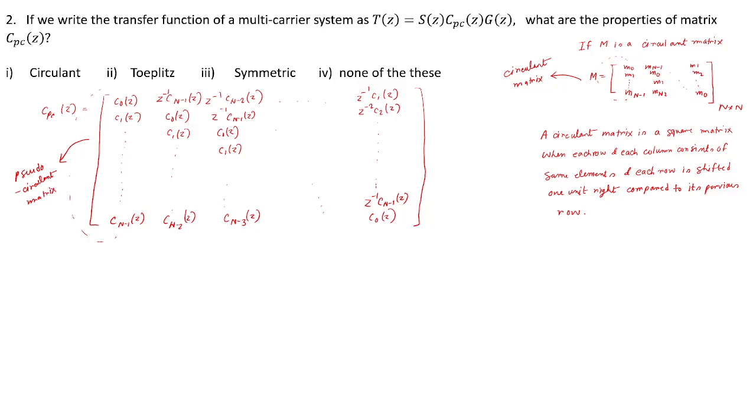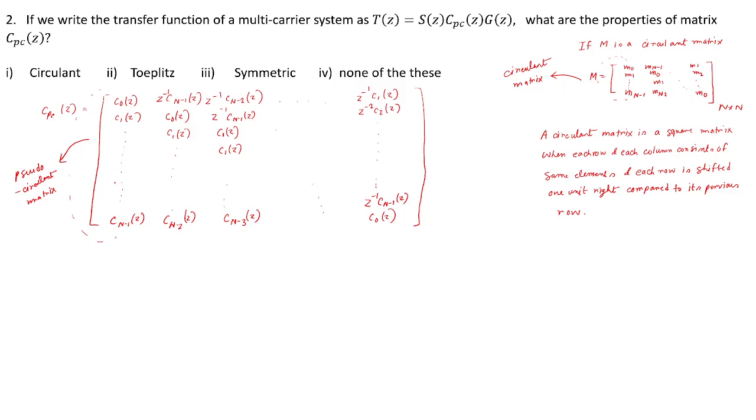So first see the similarity between them. If you ignore the z inverse terms, you can see all of the rows or columns consist of the same elements only. If you ignore the z inverse completely, as if they don't exist, they all consist of C naught z up to C n minus 1 z. So this part matches with the circulant structure.